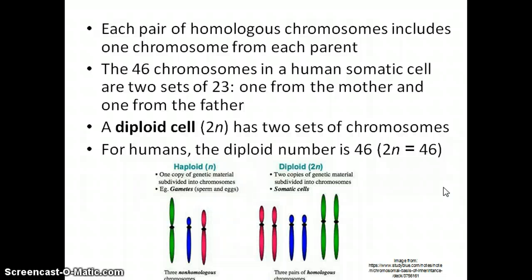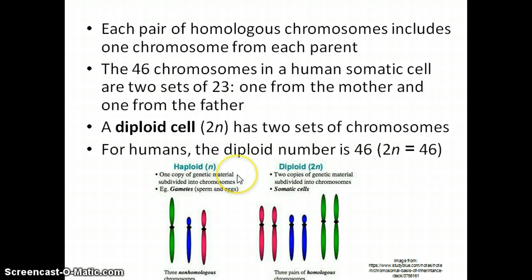But a diploid cell, again, is represented by the 2N, and that means there are two sets of chromosomes. And so for humans, the diploid number is 46. So our 2N equals 46. But the haploid for a human, the N, is going to be exactly that, half of 46, or 23.